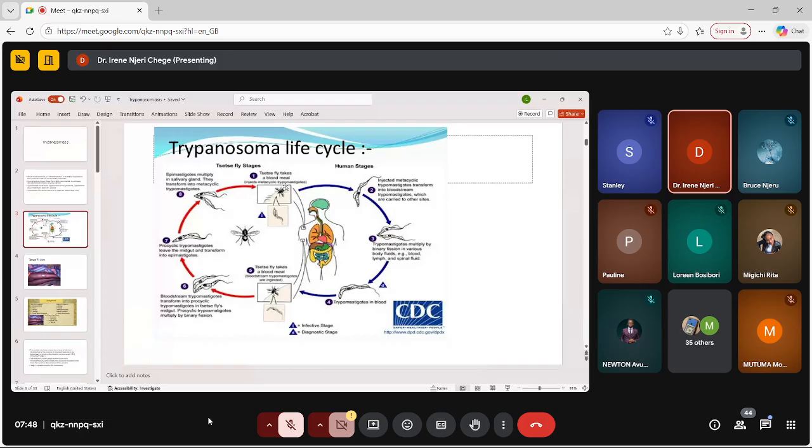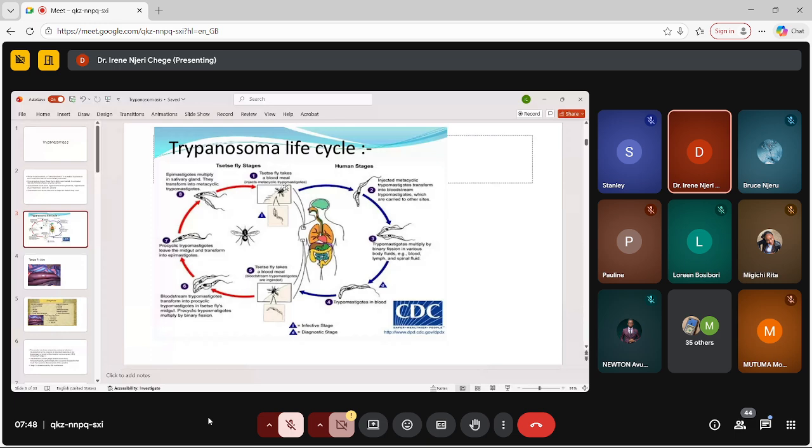So these agents are not effective against late-stage disease, and standard treatment for the CNS phase is a drug we call melarsoprol. So in short, we can use pentamidine and suramin only when there's no CNS involvement. Why? Because suramin and pentamidine do not cross the blood-brain barrier.